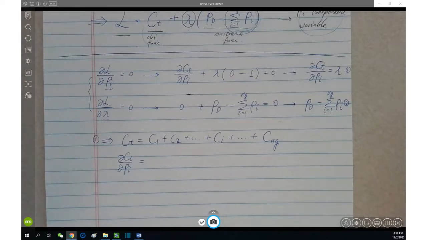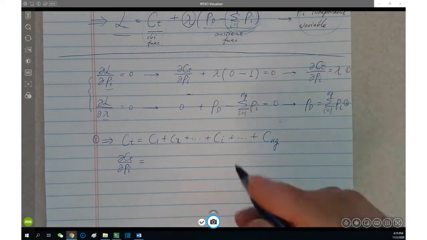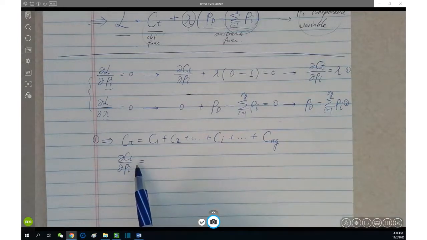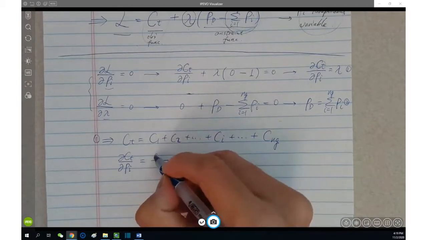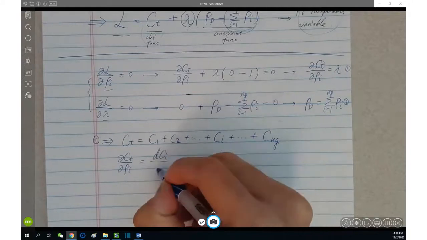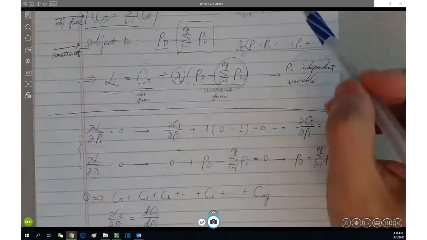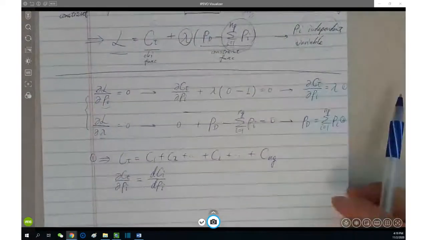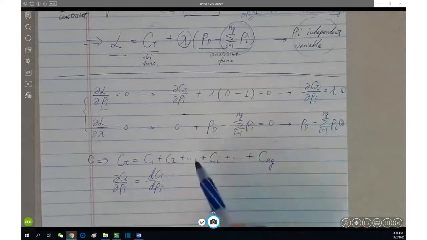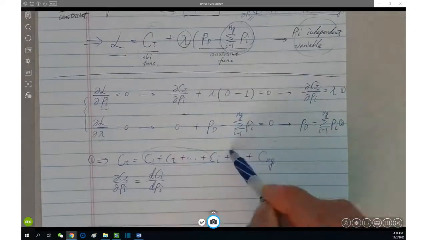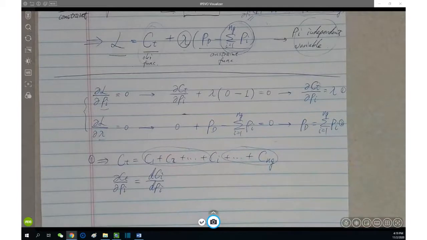Actually, he is right. However, he's jumping the step, actually. So what this result is, how about this guy? Does this make sense? Any questions? Same reason as up here, okay? The C's before and after Ci here have nothing to do with pi. Does it make sense? Only Ci depends on pi.